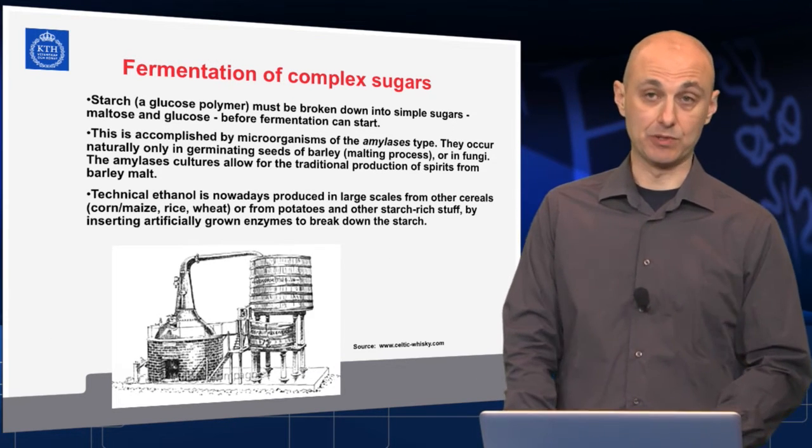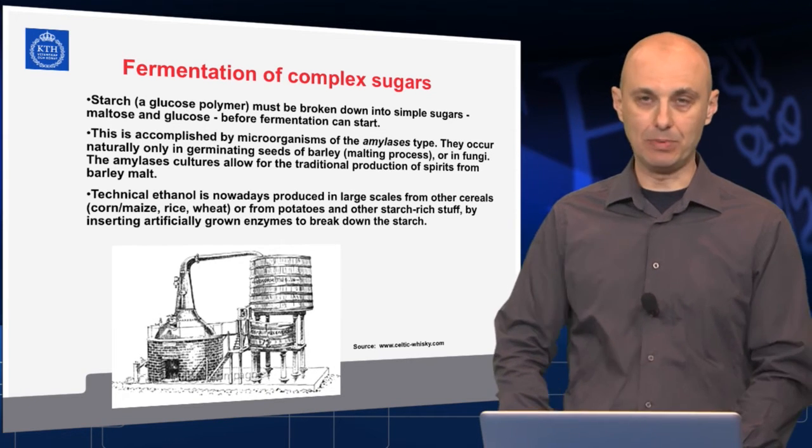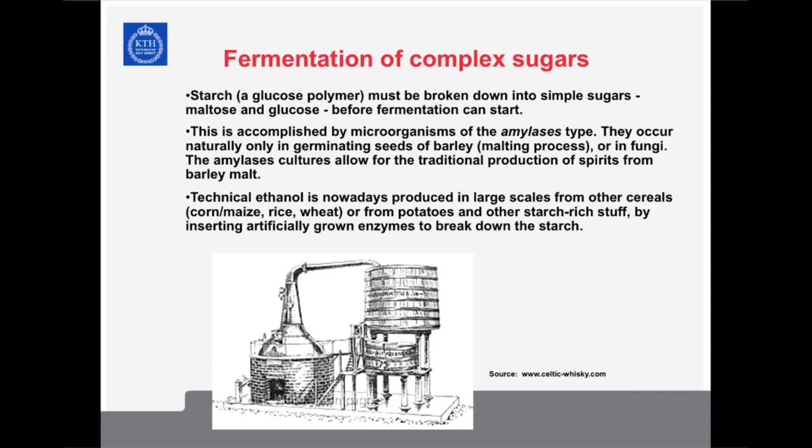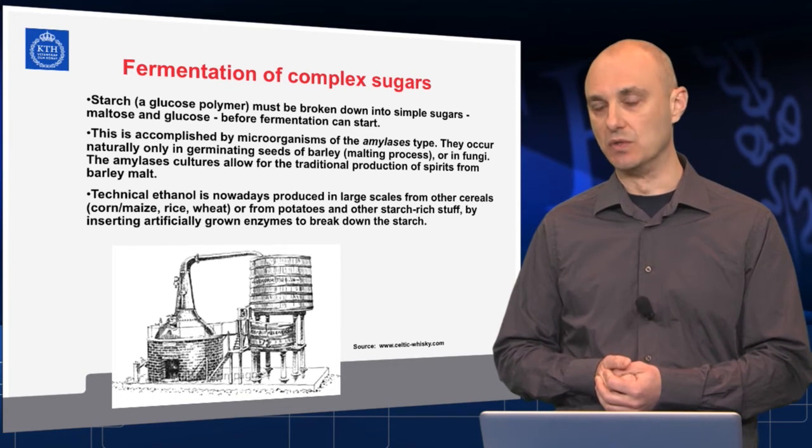Fermentation of complex sugars is also possible, and the most common complex, but still easy, sugar is starch. It is a glucose polymer. It is comparatively easy to break into simple sugars and then ferment. And this is what happens if you would be making ethanol or vodka, say, from anything else but fruits.